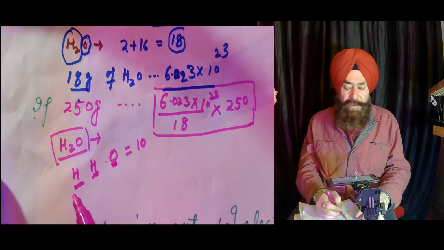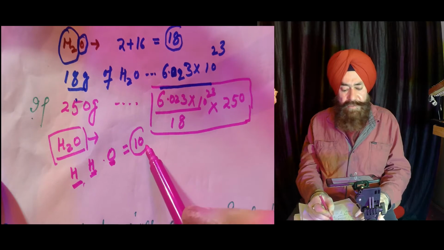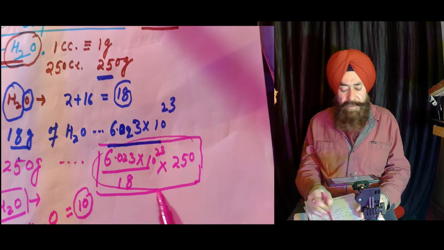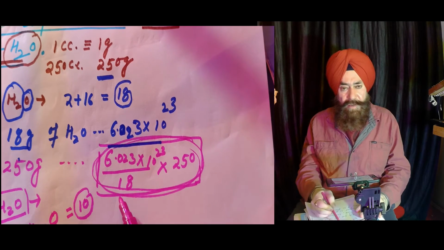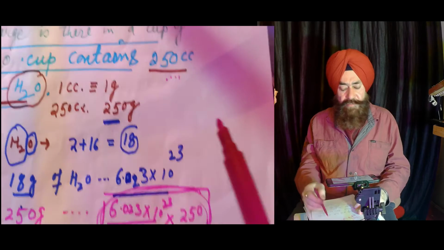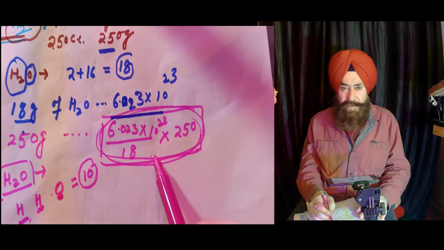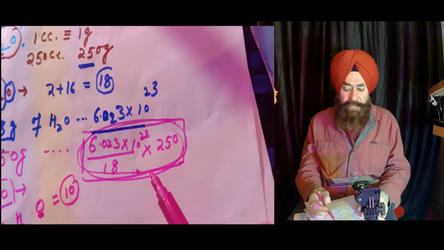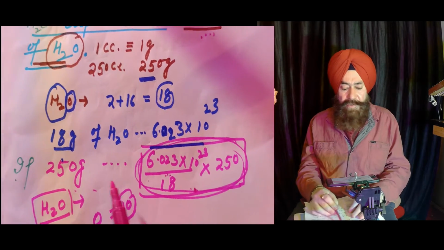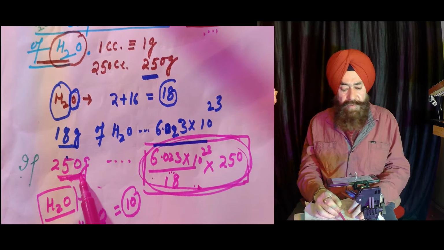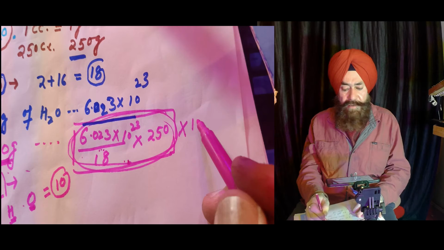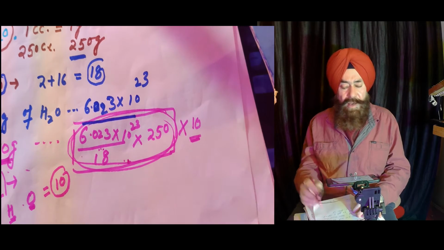So in one molecule there are 10 electrons, and you have so many molecules in one cup containing 250 cc water. Then how many electrons in that cup? Multiply the number of molecules in 250 grams by 10, because each molecule has 10 electrons.